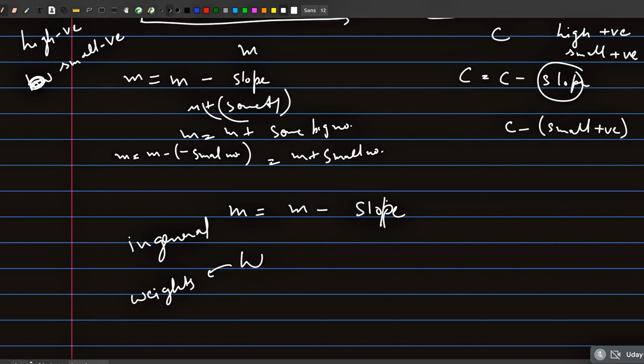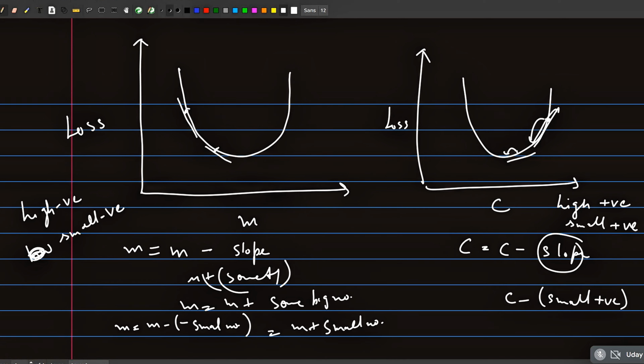This is the terminology we use, nothing much, just a name. So we can denote it as W equals W minus the slope. What was this slope? This was the derivative of loss with respect to m in this case, and here the derivative of loss with respect to c. Okay, clear?